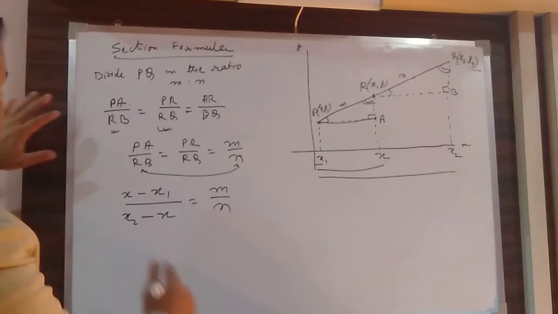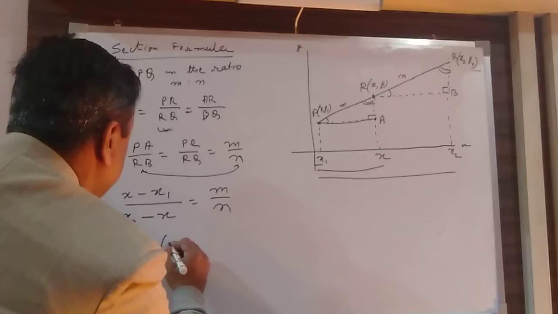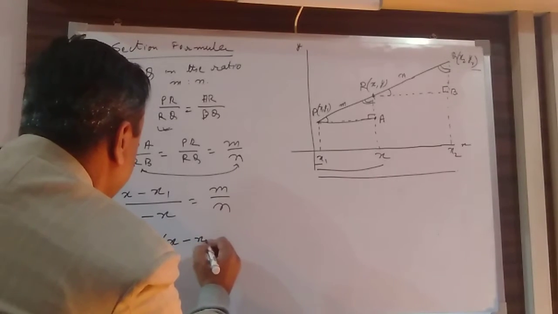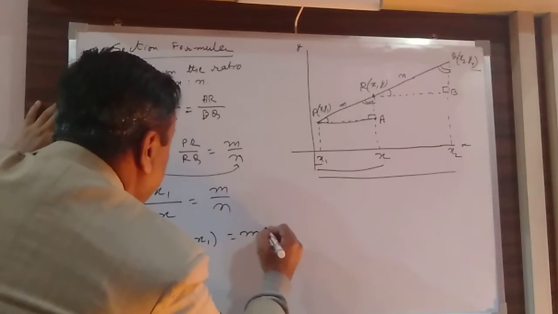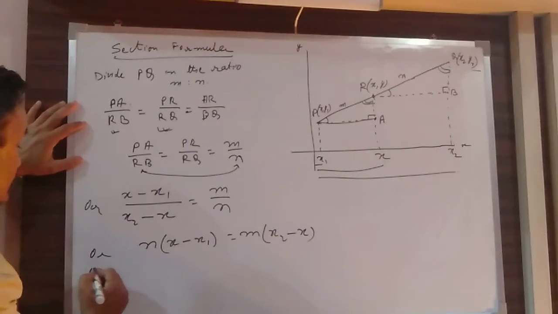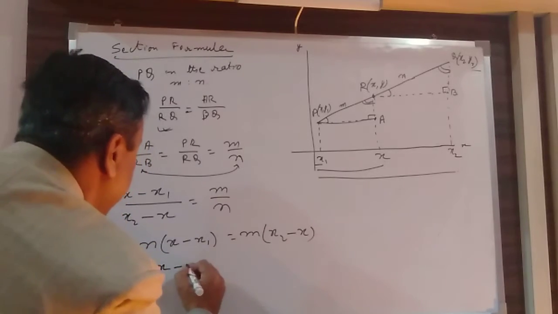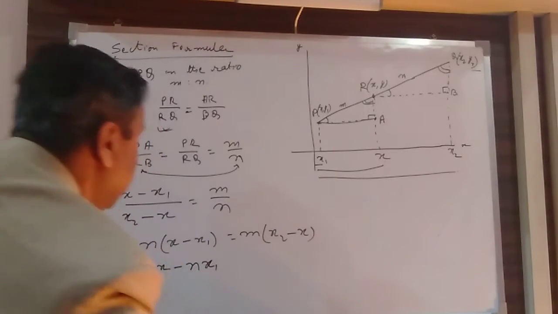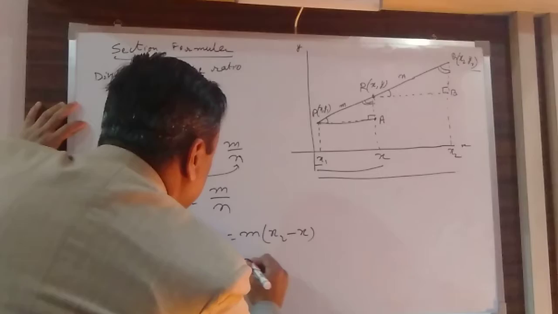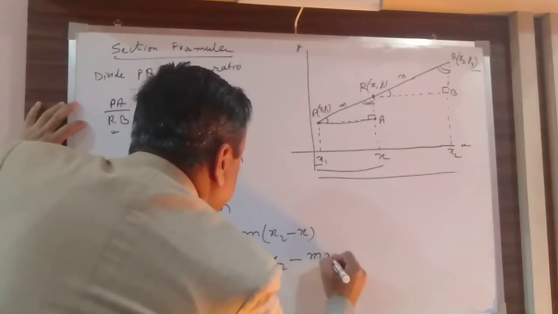When I cross multiply it, what I get? n multiplied by x minus x1 equal to m multiplied by x2 minus x, or nx minus nx1 equal to mx2 minus mx.